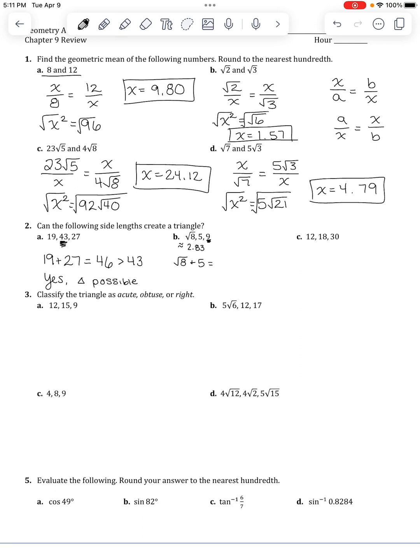Square root of 8 plus 5, I type that into my calculator. It's equal to about, because I have to round, 7.83, which I just have to check. Is that bigger than 9? And no, it's not. So, no, triangle is not possible.